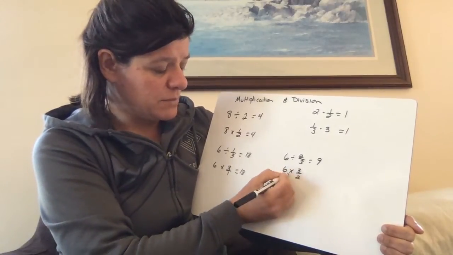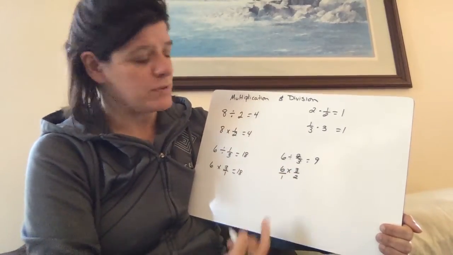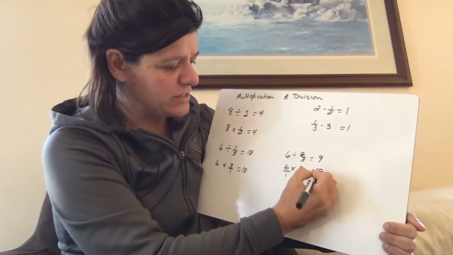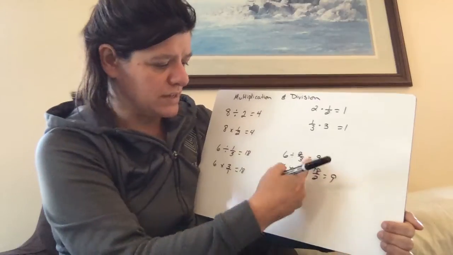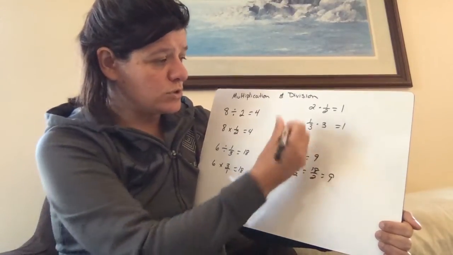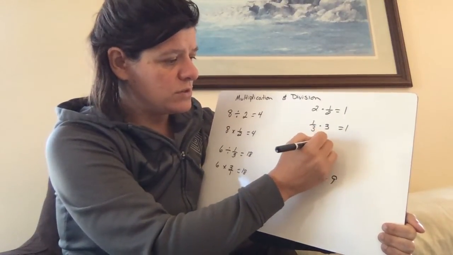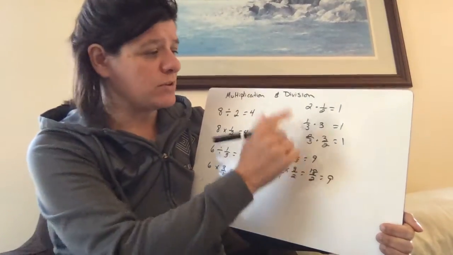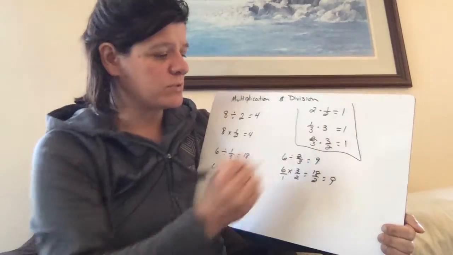And it may help you to remember that when we multiply, we do 6 over 1, right? So I can reduce here, or I can get 18 over 2, which is 9. And 2/3 and 3/2 are reciprocals because when I multiply them together, I get 1. So these are all reciprocals.